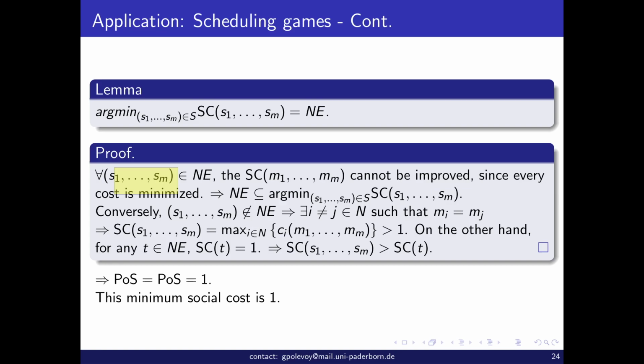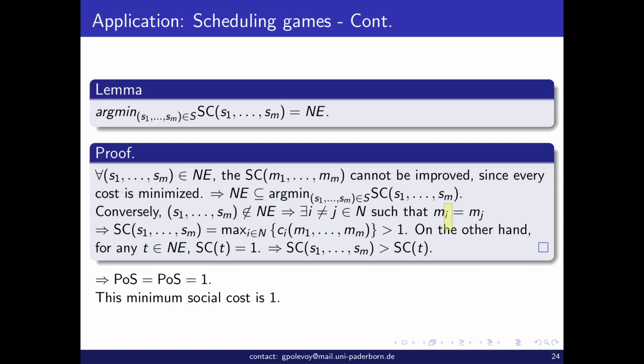Conversely, if you have something which is not in Nash equilibrium, we're now going to show that it does not minimize the social cost, because being not in Nash equilibrium means that there are some players, i and j, who are different, but such that the machines they choose are the same.